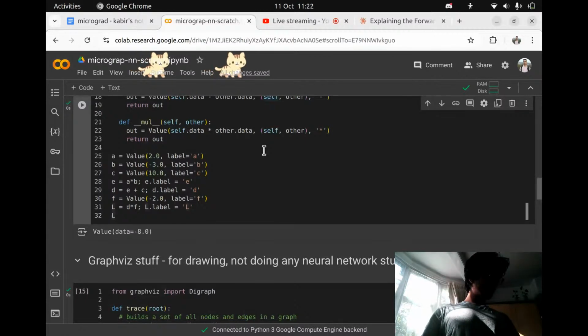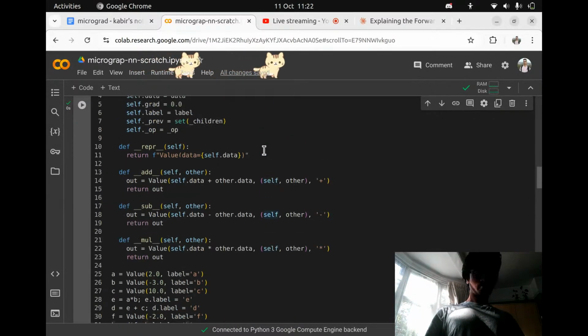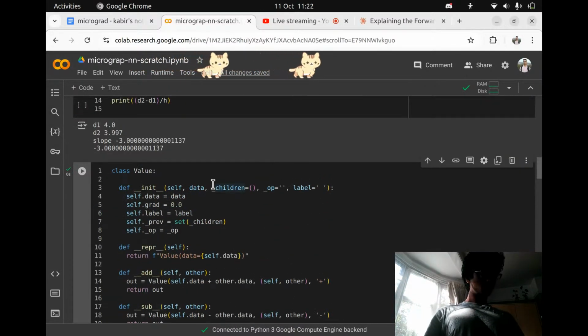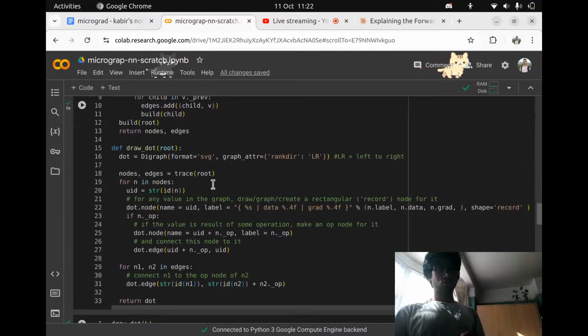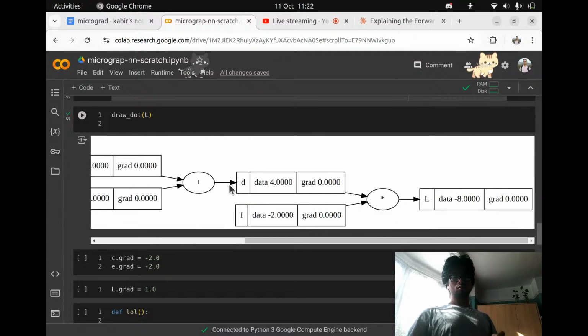Now that we have grad and it's 0.0, we are going to be able to visualize it here after data. So here grad is %0.4f, and this will be grad. Now we are going to be showing both the data and the grad, initialized at 0. And we are just about getting ready to calculate the backpropagation.